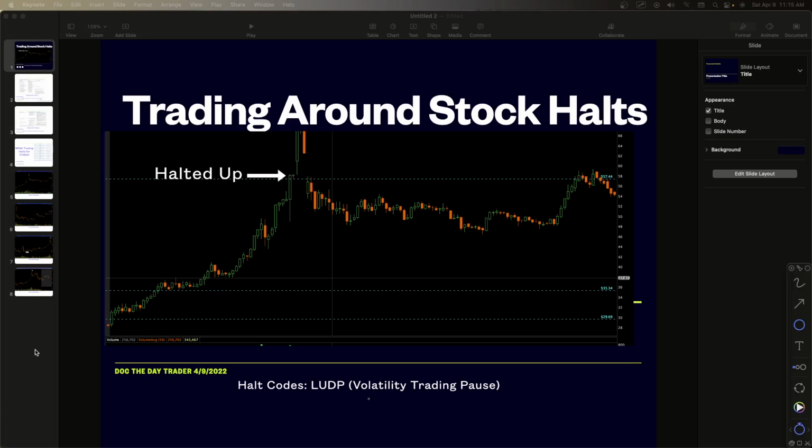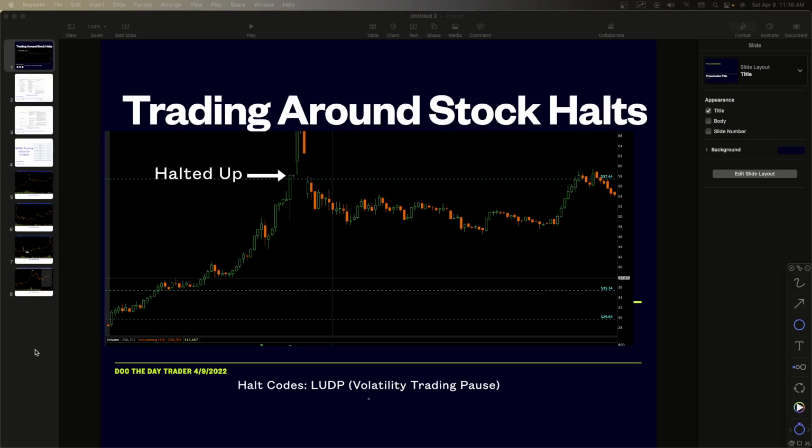So a lot of traders, investors, want to hop into that stock just before the first halt up, because oftentimes after that first halt up happens, when it resumes, it gaps up. And this is when they typically will sell. They'll sell on that gap up, or they'll at least scale out, take some profit on that initial gap up. And we're going to talk about filling that gap here shortly.